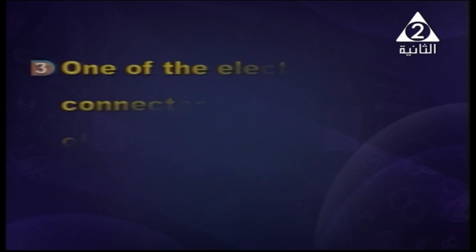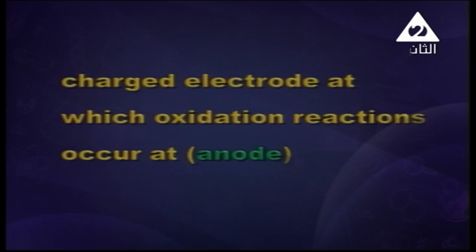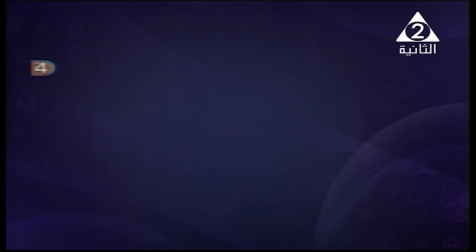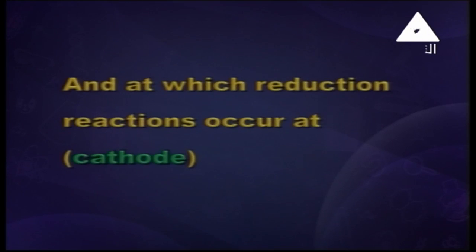Number three, one of the electrodes is connected to the positive pole of the battery to become the positively charged electrode, at which oxidation reactions occur at the anode. Number four, the other electrode is connected to the negative pole of the battery, and at it reduction reactions occur at the cathode.